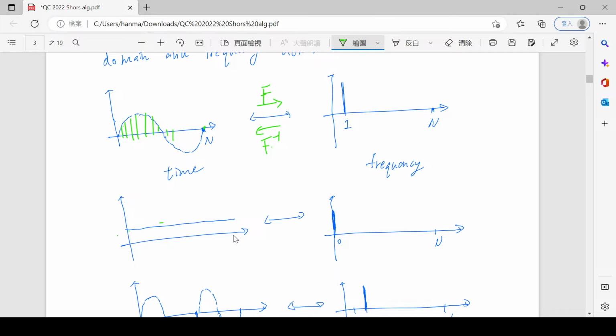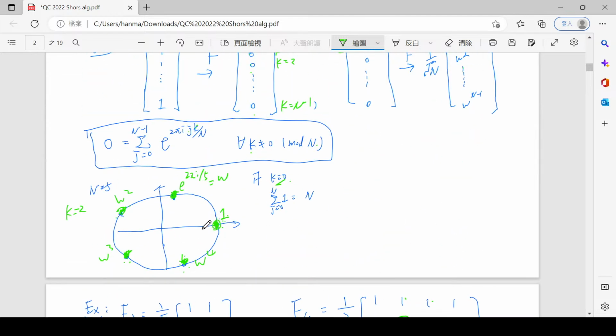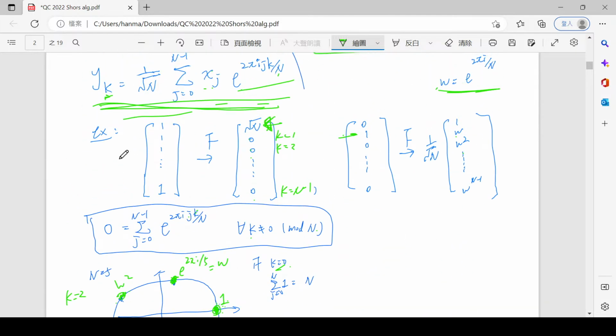If your input is this constant function in the time domain, then in the frequency domain it should tell you that this has frequency 0. And this is exactly what happened here, right? We have this constant as input, and the output says that everything in the frequency domain is concentrated on the frequency 0 component.